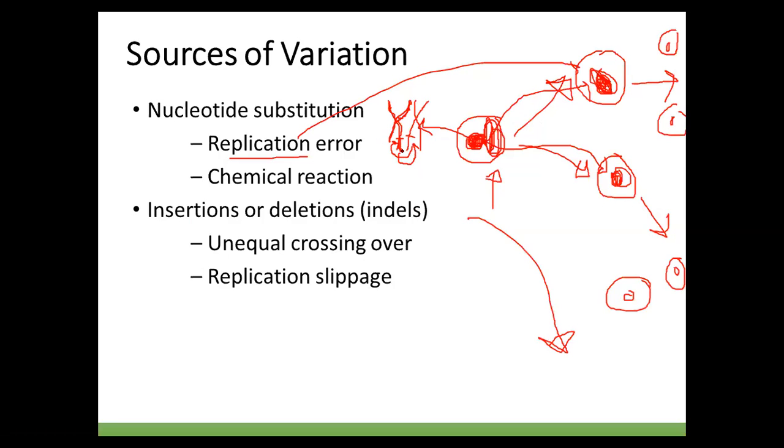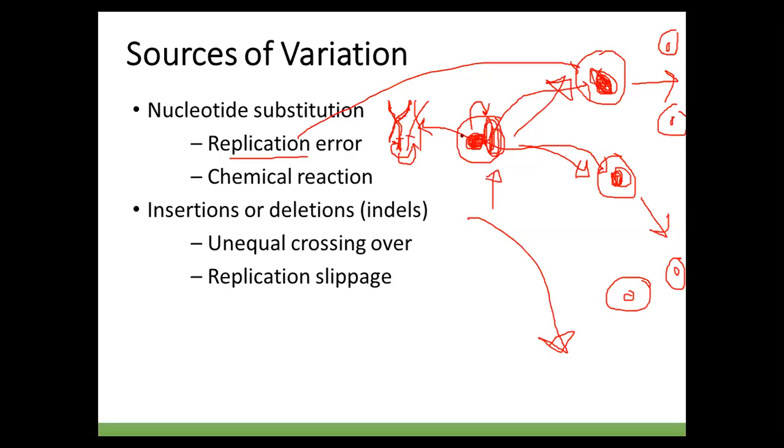During this crossover, some parts may be missing. Who knows, these unnatural processes happen. So unequal crossing over: this is a longer one, this is a shorter one. The shorter one goes and fits into this, and the longer one comes and fits into this. So an insertion appeared here and a deletion appeared here. That's called unequal crossing over. In replication, some regions may not be replicated because it slipped.